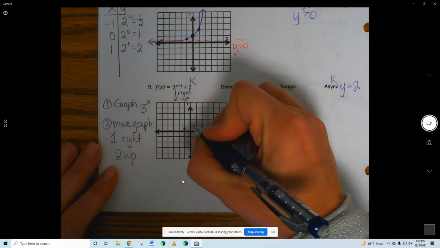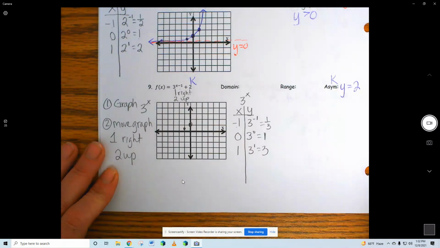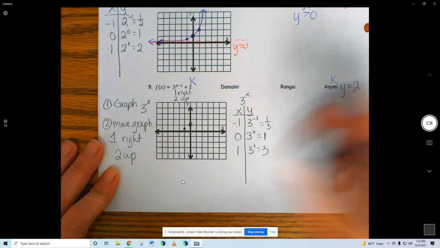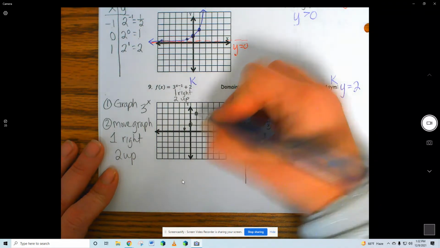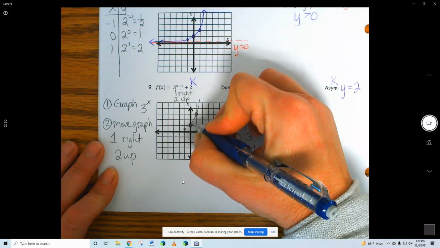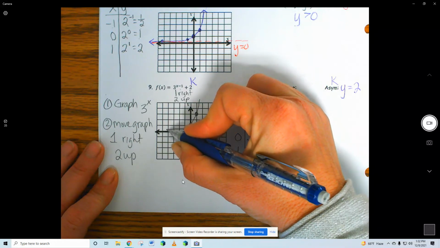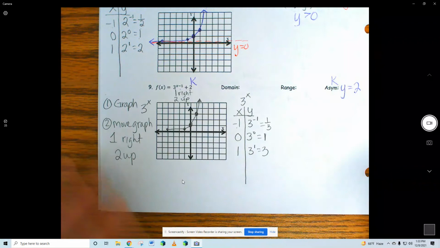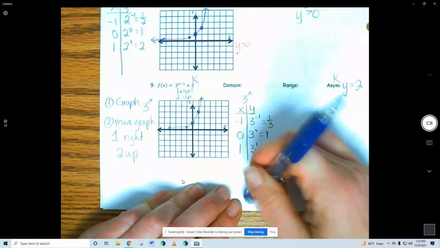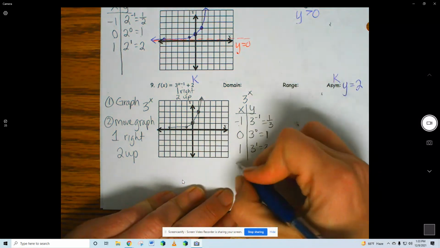That's the same as before. But now it's 1, 3 instead of 1, 2. So there's my parent function in pencil.